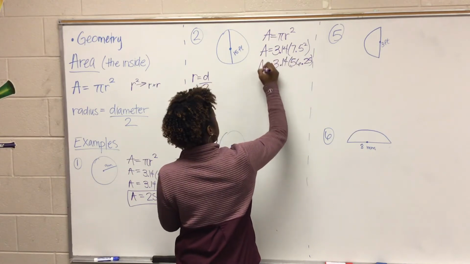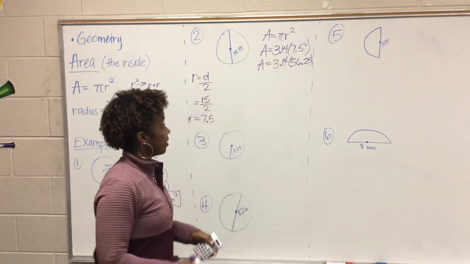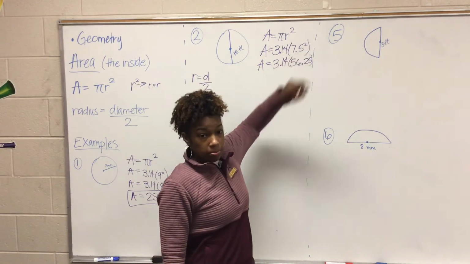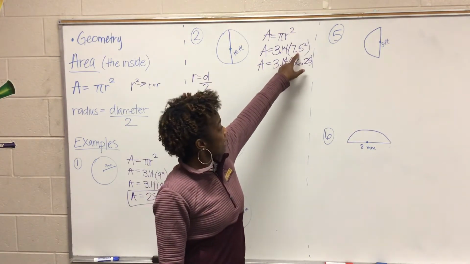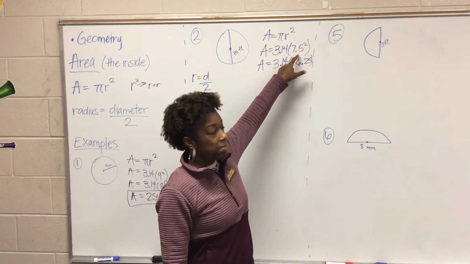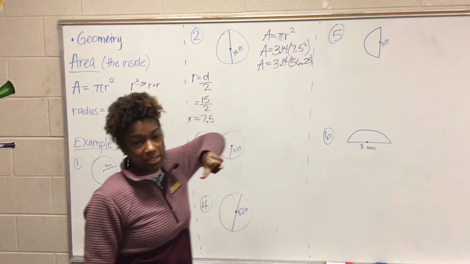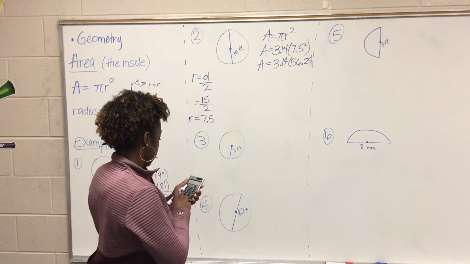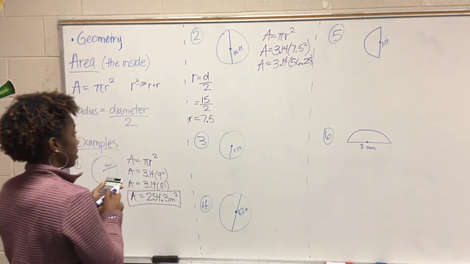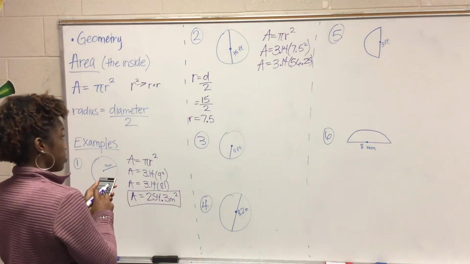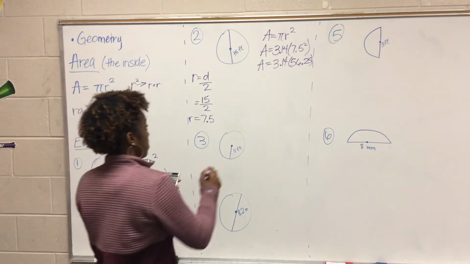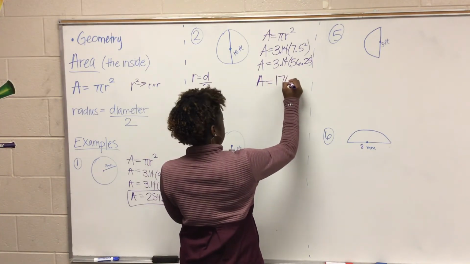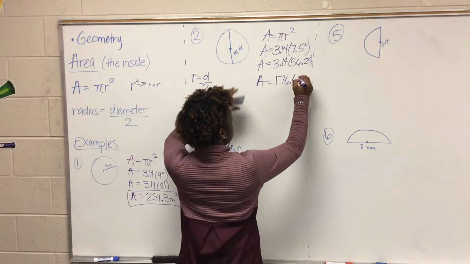We have to fill in everything else. Now, this does not mean 7.5 times 2. This is 7.5 times 7.5. It means you multiply this number twice, not by 2, but you're multiplying it twice. So we get 3.14 times 56.25, and we get that the area is equal to 176.6 feet squared.